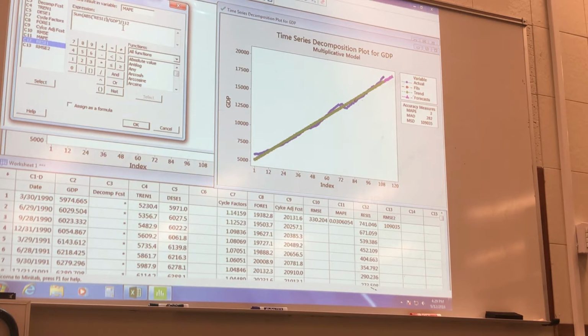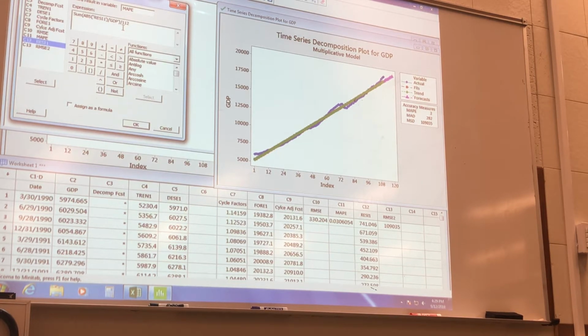Okay. Look. You want to calculate percent error. You've got a bunch of errors, positive and negative, right? If you took the absolute value of them, it changes it all to a positive. If you divide them by the original data, it changes them to percentages.